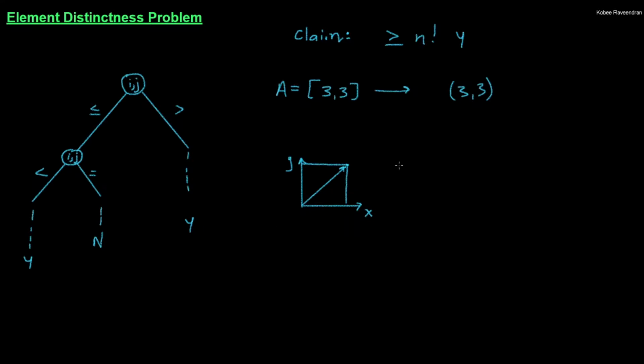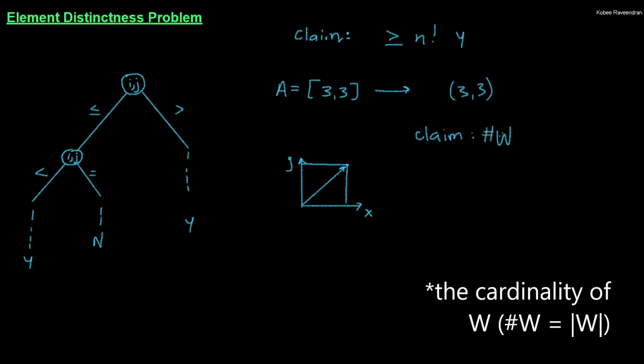And so what that allows us to do is transform our original claim, that the number of yes leaves should be greater than or equal to n factorial, into us trying to prove that the number of connected components, let's say that W is the set of all connected components, is at least n factorial.